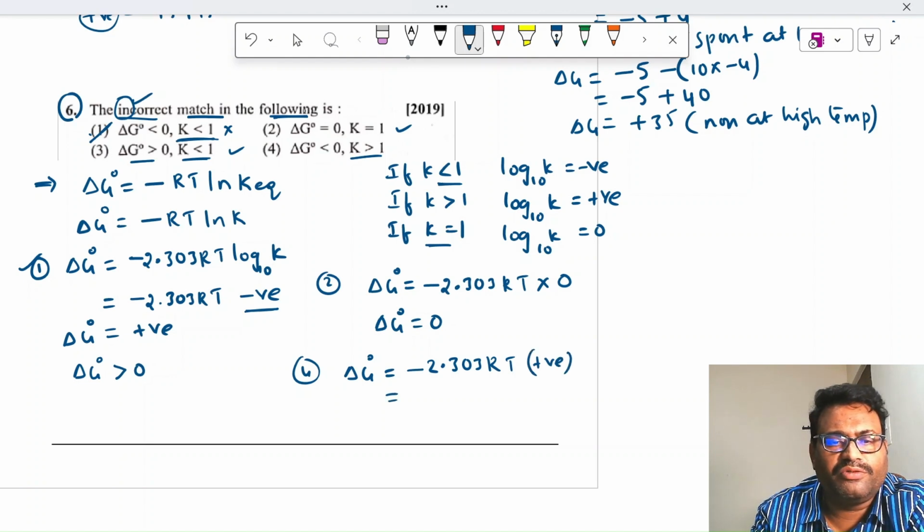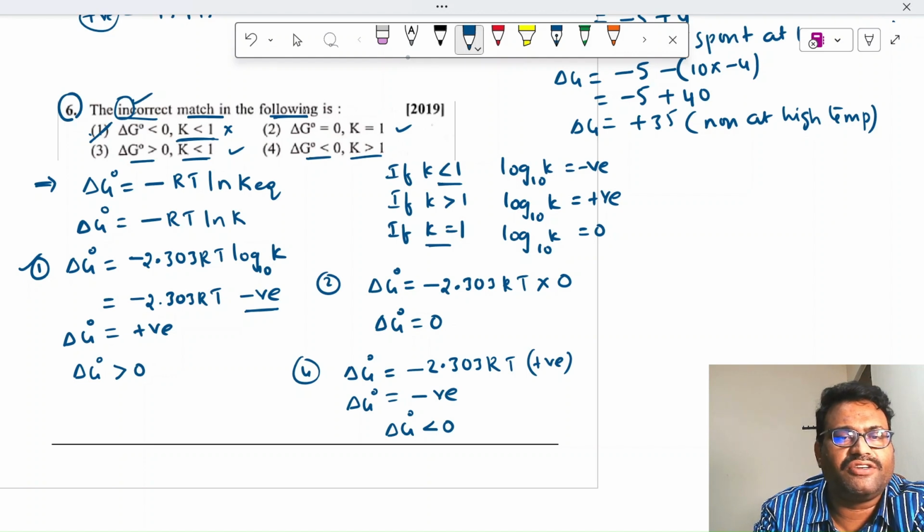Negative into positive gives you negative. So delta G naught will be negative, less than 0. See, this is correct. So 3 options are correct.